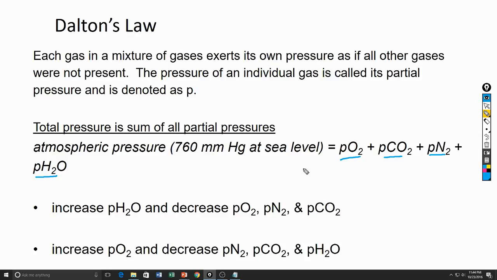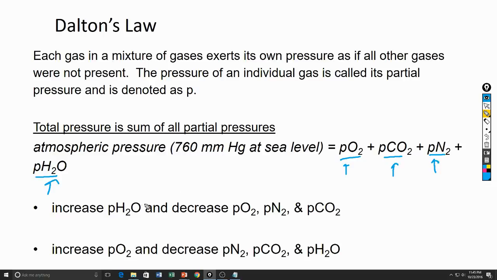But there's also the idea that if we can accept that Dalton's law is true and that each one of these individual pressures is exerting their own force, well then, while atmospheric pressure might be the same, if we have an increase in any one of these factors, you have a decrease in the other ones.